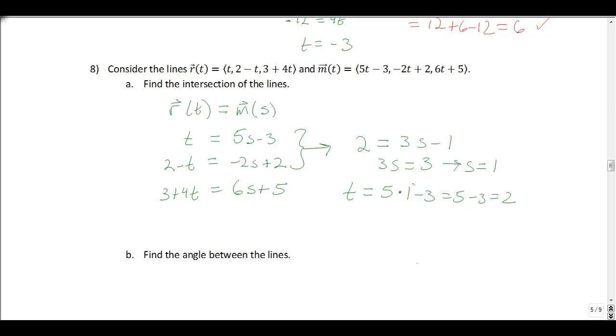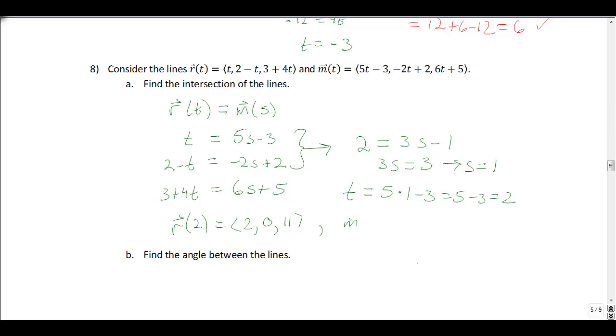Note that when we solved this, we ignored the third equation altogether. So it could be that when we plug in s is 1 and t is 2, the x and y components match, but the z's are different. One way to check is to find r(2) and m(1). r(2) is 2, 2 minus 2 is 0, 3 plus 8 is 11.